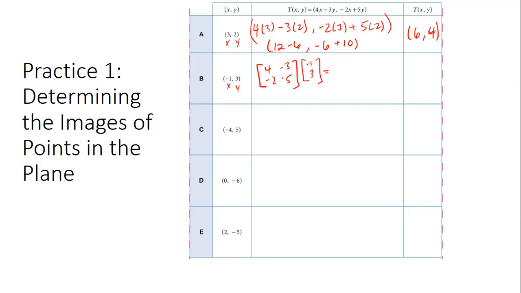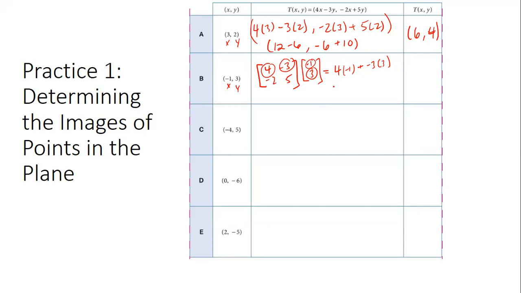Do we see that? So we're still going to have 4 times negative 1, plus negative 3 times 3. That's my first one, because isn't that what I would have done either way here?